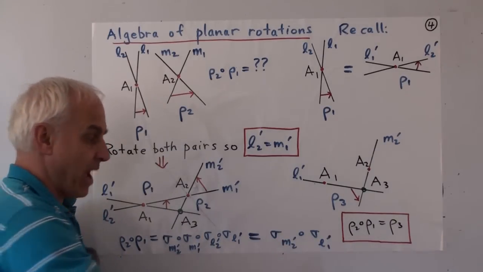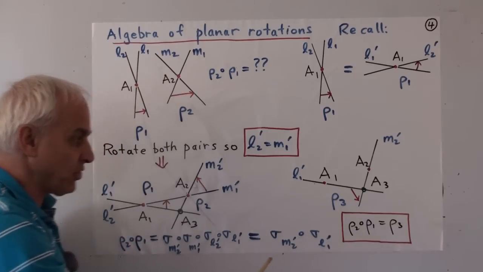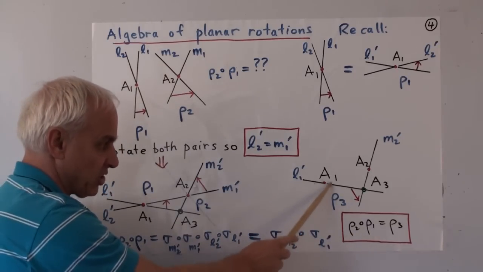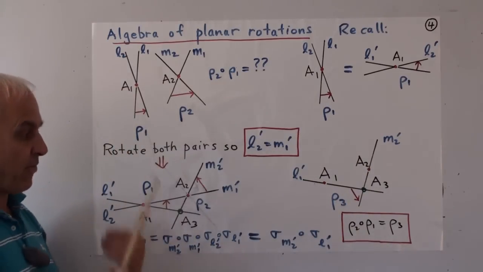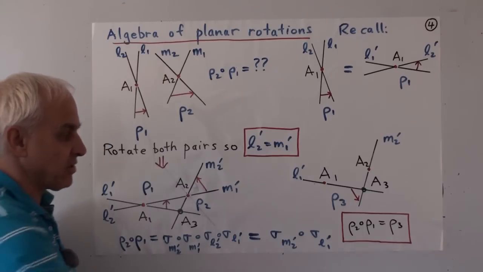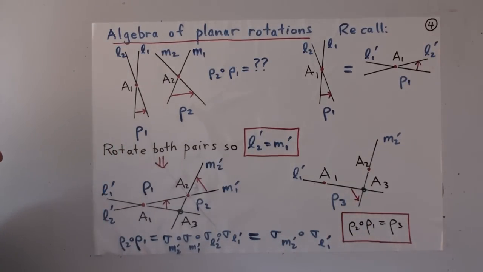So we've described what happens when you compose rotation rho 1 with rotation rho 2. The first one was a rotation around A1, the second one was a rotation around A2, and now we find that the product is rho 3, the rotation around A3.